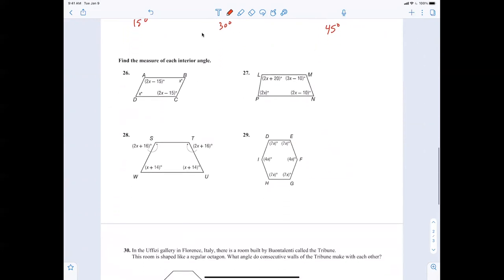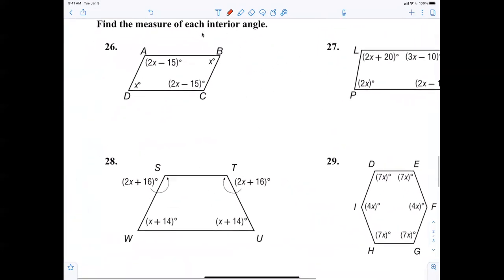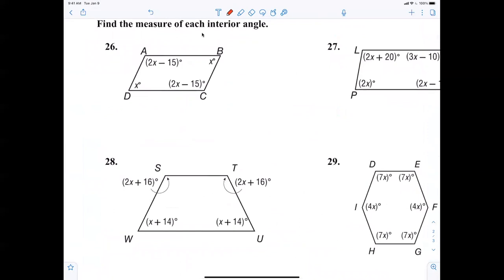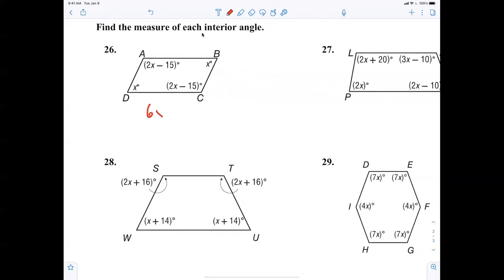Find the measure of each interior angle. This is the one that's kind of annoying because they want each measure. What do the angles add up to here, guys? How many x's do I have? 6x minus 30 equals 360.